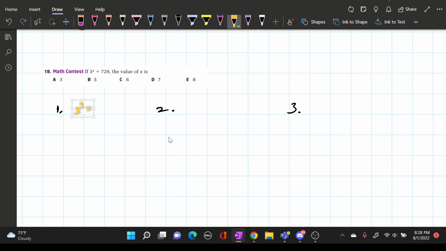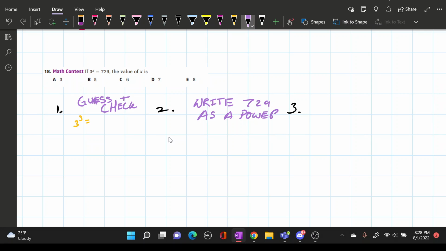So the first method is guess and check. Second method is write 729 as a power of 3.